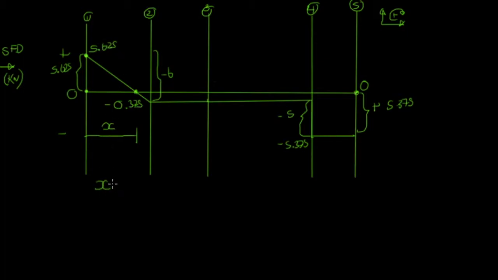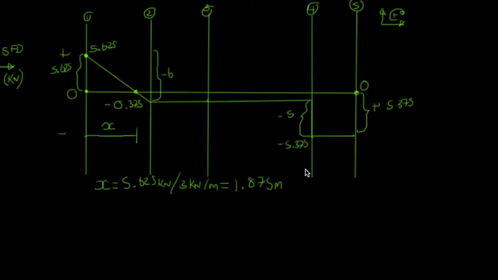So x equals 5.625 kilonewtons divided by 3 kilonewtons per meter. If I put that into a calculator, 5.625 divided by 3 gives us 1.875 meters.